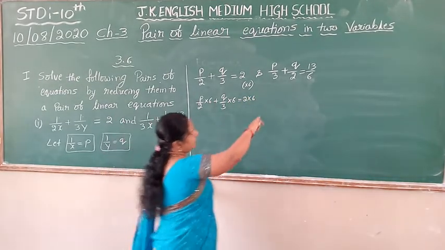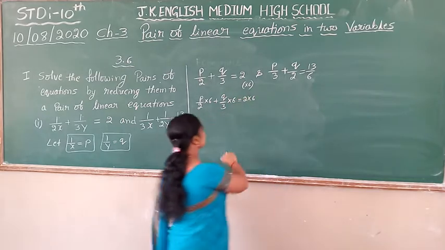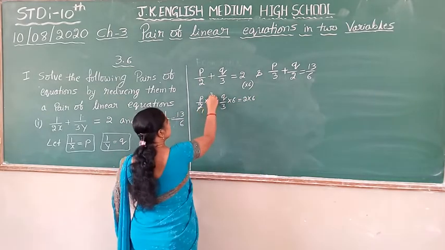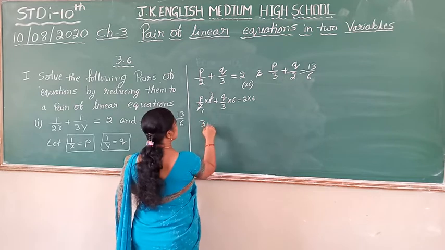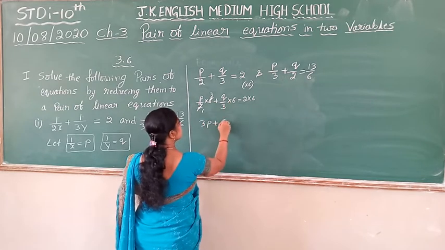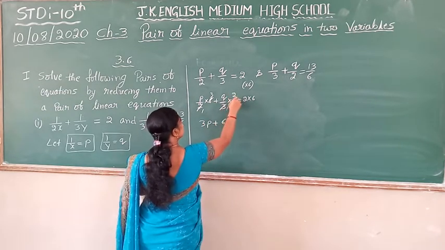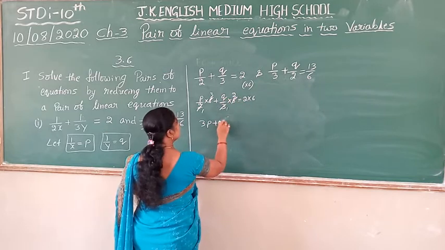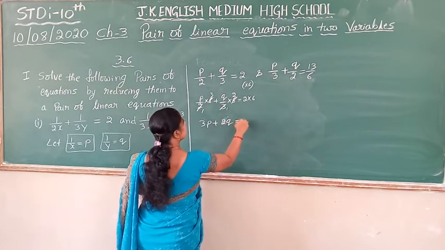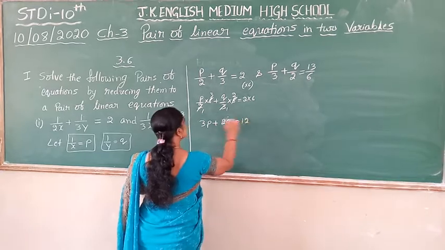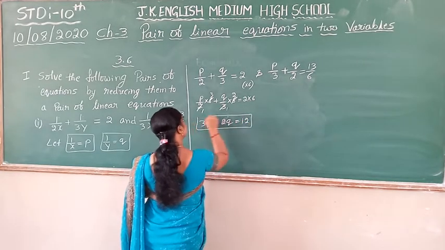In the same manner here also, 2 ones are 2, 3 is 3p. Next, 6q: 3 ones are 3, 2 twos are 2q. Then 2 sixes are 12. You call this equation number 1 now.